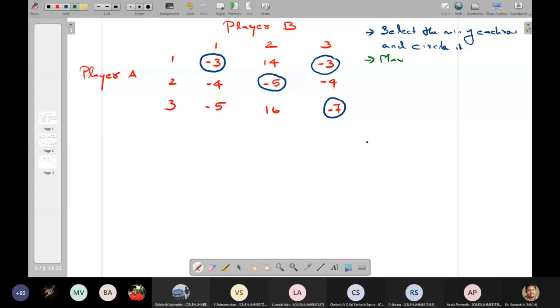The maximum of the first column is -3. For the second column, the maximum is 16. Third column, the maximum.